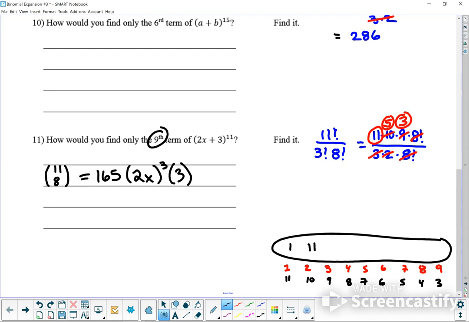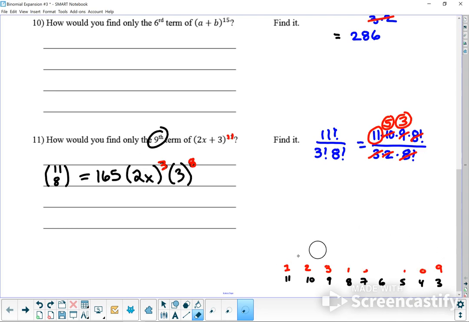So if my power is 3 here, then this has to be 8. So the 3 would be to the 8th power. Because remember, if this is my 11th power here, then I'm going to have 2x to the third by counting down, which means that my other power is going to be to the 8th power, because 8 plus 3 makes 11th power. Okay? So that's how I figured that out.